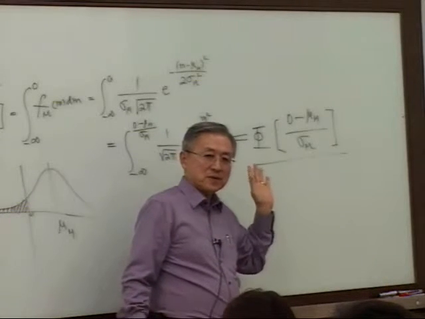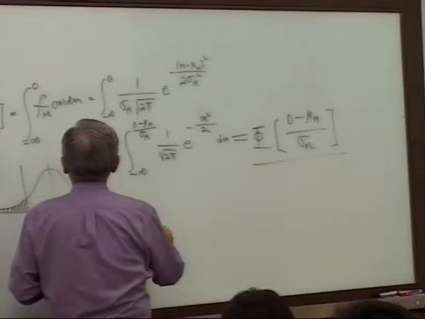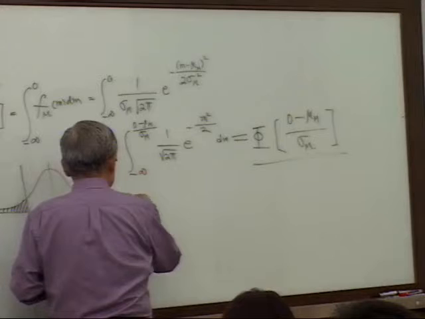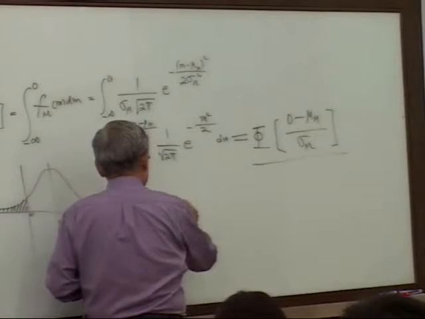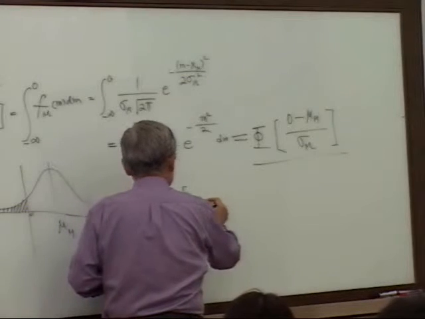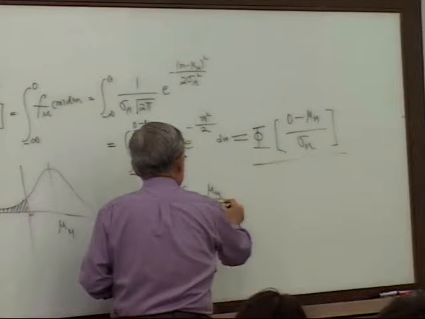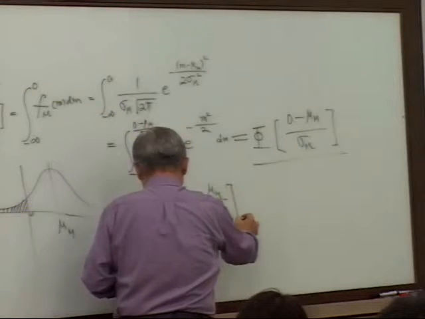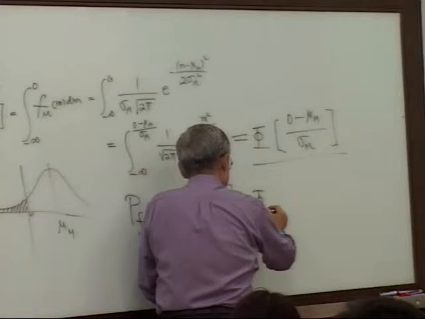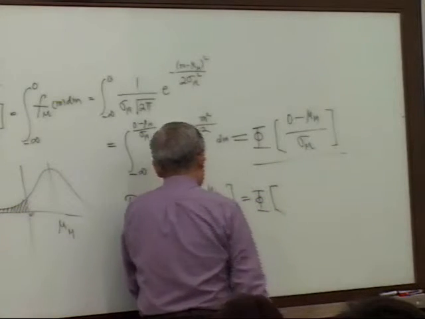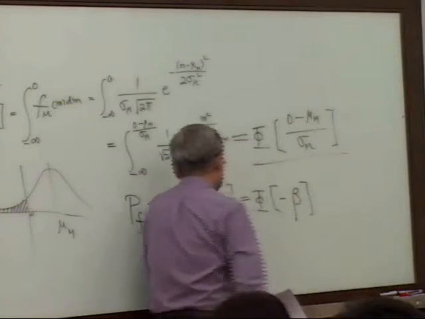Everything fits into this format. So the probability of failure is equal to phi of minus mu m over sigma m, or I can rewrite this. We have done this, but bring back here is minus beta.